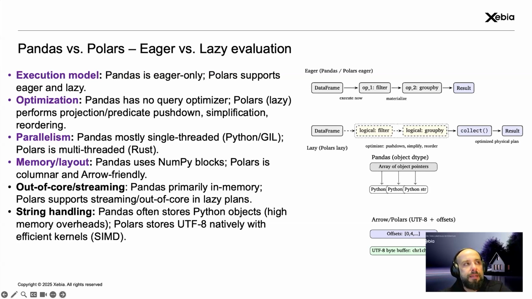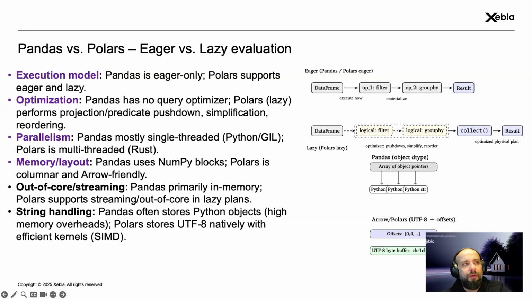Later on, Polars is truly multi-threaded, so there is no problem with Python anymore. And furthermore, Polars is using an Arrow friendly representation, so it's columnar, and it's more friendly, for example, for storing string data, which is very popular when running processing on your data.